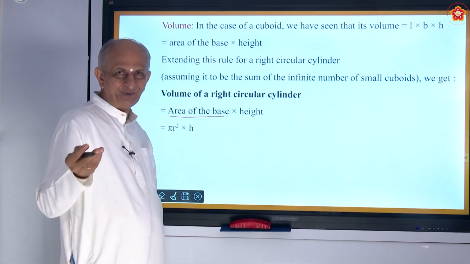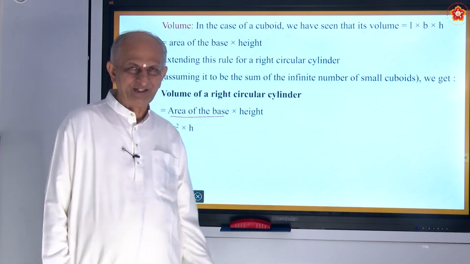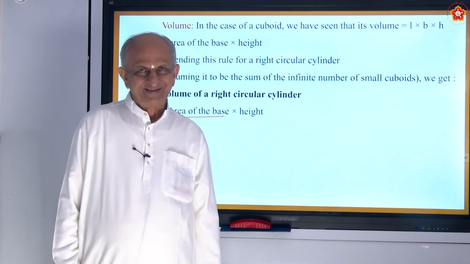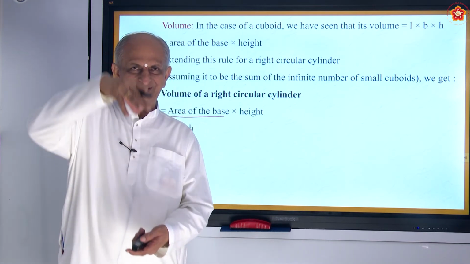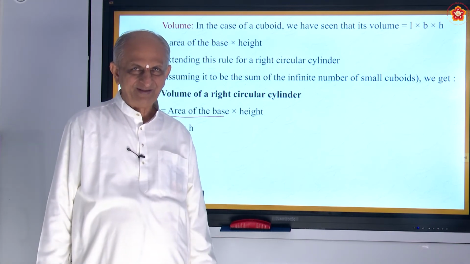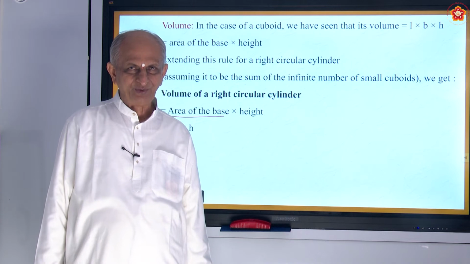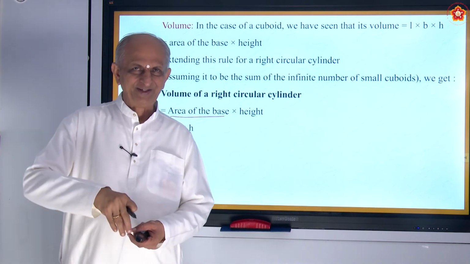You might have seen how dosas are made. Of course, in a house they prepare only a few dosas. Or in a hostel you might have seen how chapati, dosa and everything are arranged like this. Or you might have seen Tirupati or another temple where the coins are counted. After counting the coins, they will arrange them in a cylindrical form.